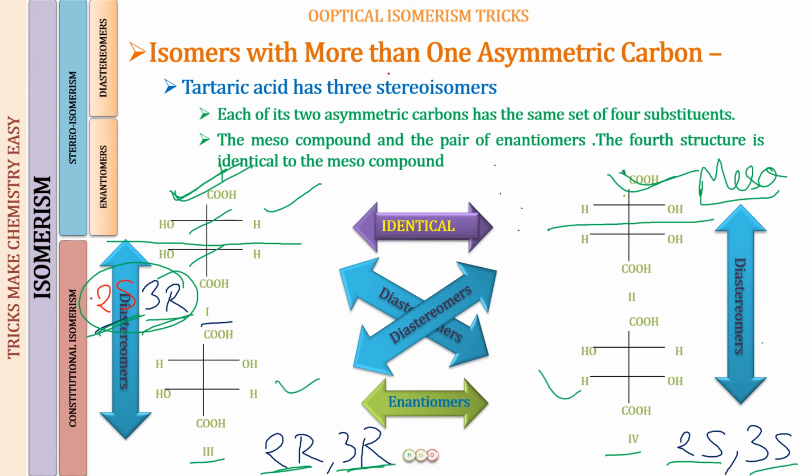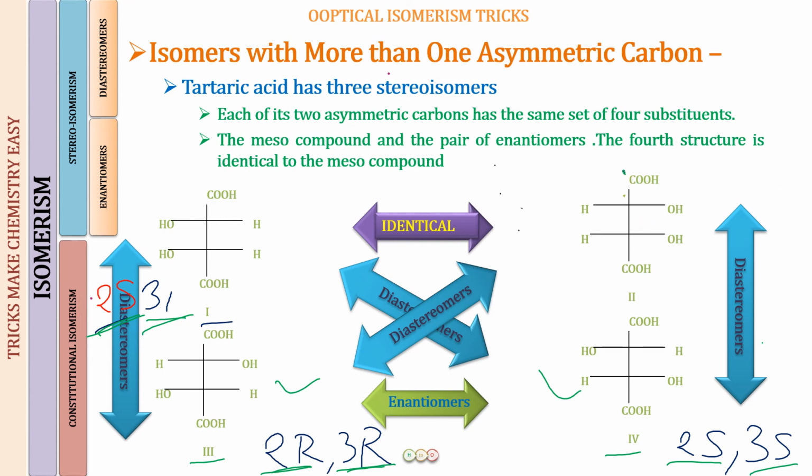Two, they are enantiomers, right? How are they related to each other? If they are not enantiomers, they will be diastereomers because they will be non-mirror images of each other. And these two structures form identical structures. Whenever we have two chirality centers which are similar in the groups attached to them, you will be able to draw a plane of symmetry in one of the stereoisomers, and the mirror image of that compound, this compound and this compound, are the mirror images of each other.